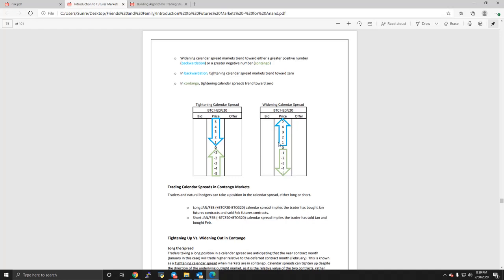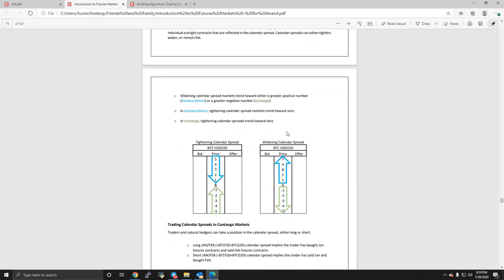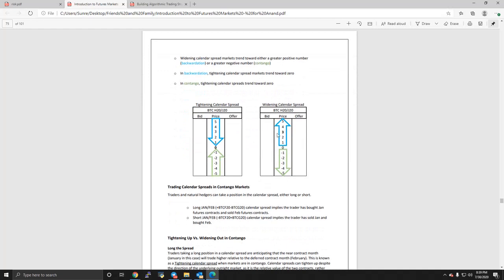A widening calendar spread, conversely, in backwardation, will trend towards a greater positive number, because remember, we're taking leg 1 minus leg 2. If we're in backwardation and leg 1 is trading at a premium to leg 2, leg 1 minus leg 2 will be a greater positive number in backwardated markets that are widening out. And to the inverse there, a contango market that's widening out will trend towards a greater negative number.